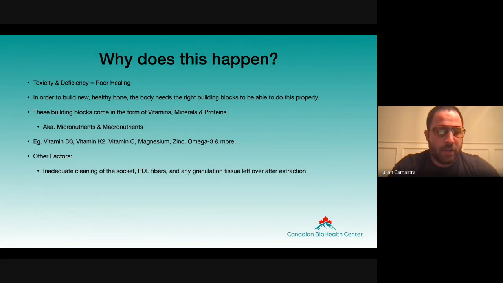And then there's other factors. It depends on the clinician and how good a job they do to clean out the socket once the tooth has been extracted. If there's any sort of fibers left in there, if there's any infection left over and it's not properly cleaned out, or if good blood flow isn't established, then those areas aren't going to heal well.